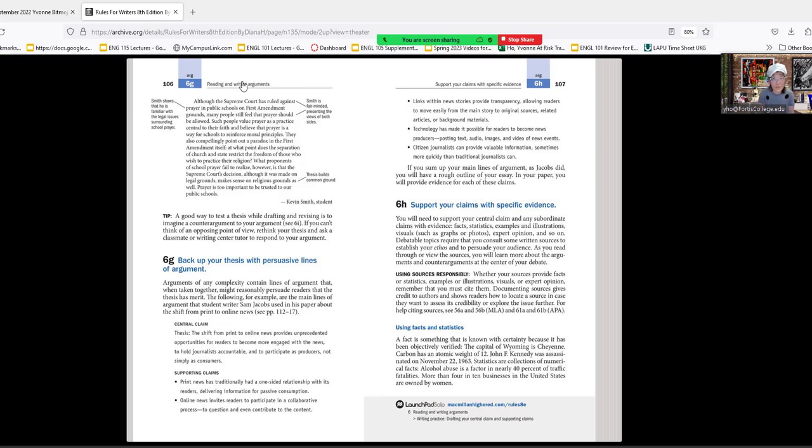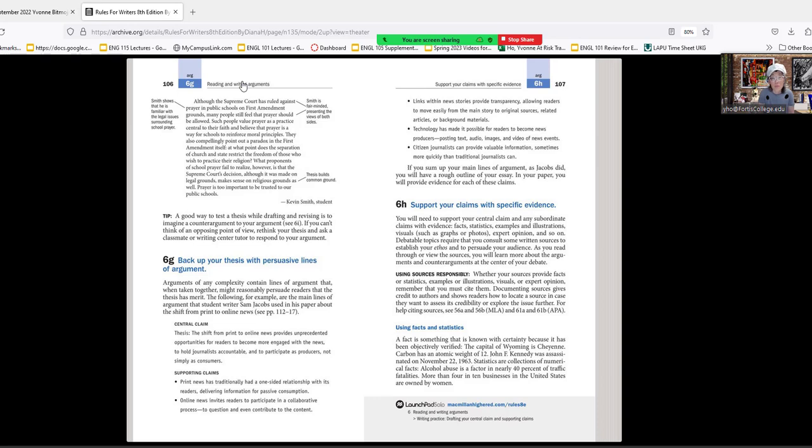Links within news stories provide transparency, allowing readers to move easily from main stories to original sources. Technology has made it possible for readers to become news producers, posting text, audio tapes, images, and videos of news events. Citizen journalists can provide valuable information, sometimes more quickly than traditional journalists can.